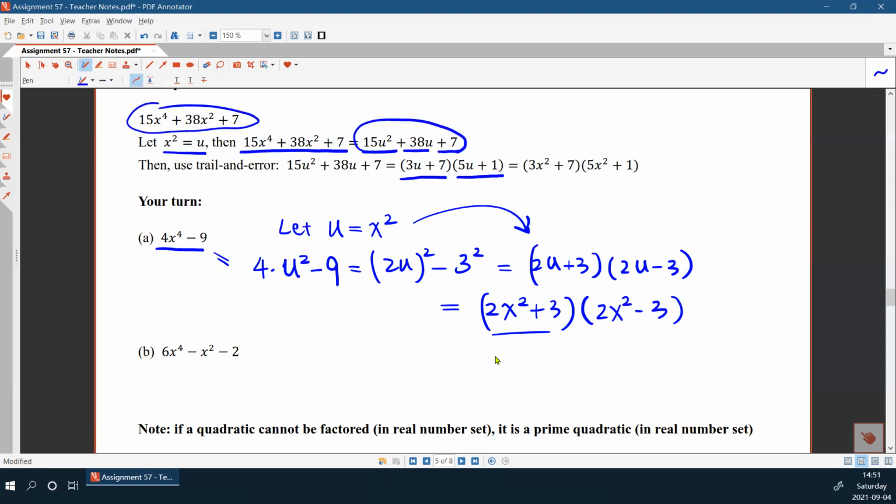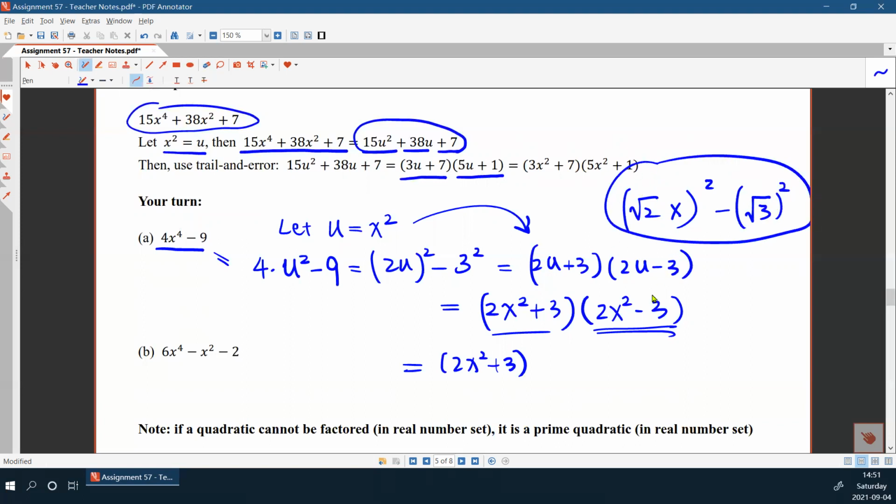This one cannot be factored further, but this one can, right? So this one is actually square root of 2 times x to the power of 2 minus square root of 3 to the power of 2, right?